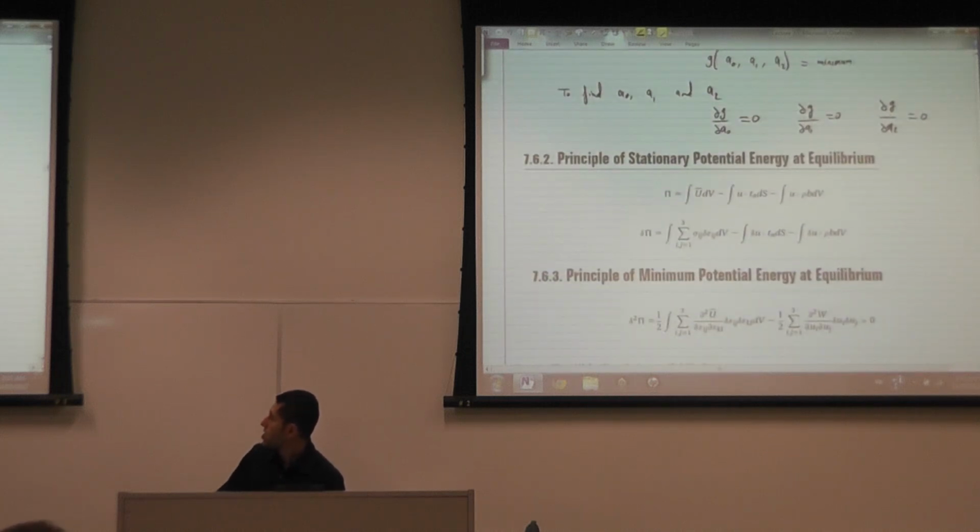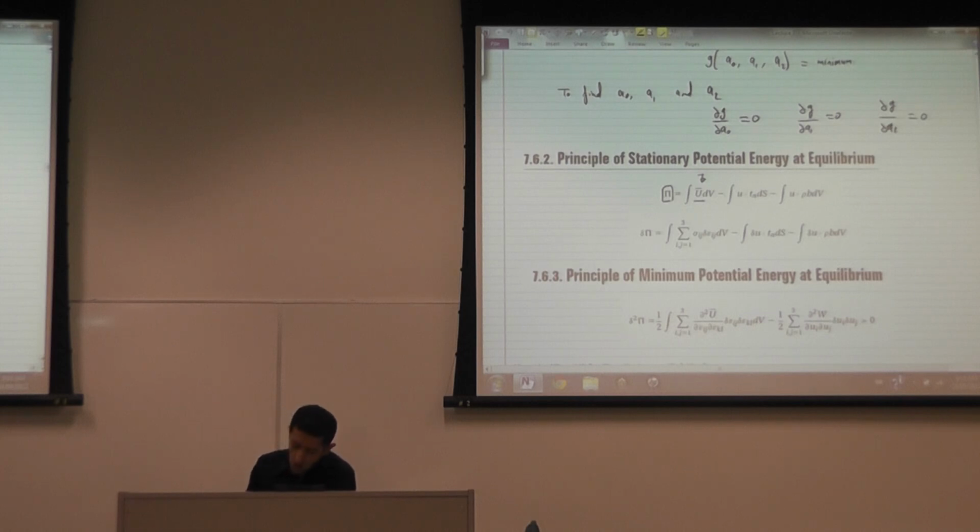So the potential energy of the system, which we are going to minimize, has the following form. It's equal to the potential energy inside the continuum minus the work done by the external forces.